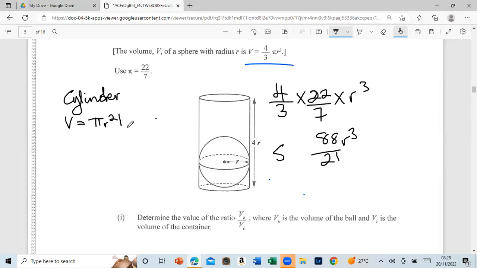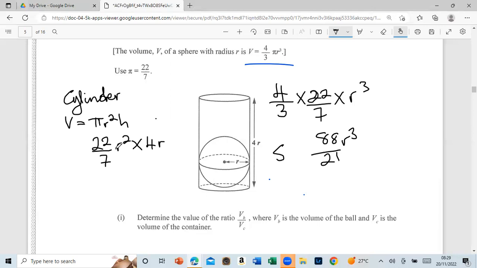They gave us pi to be 22 over 7. The radius is also r, based on what we read up there, so it's r squared, and the height is 4r, so we just multiply by 4r.